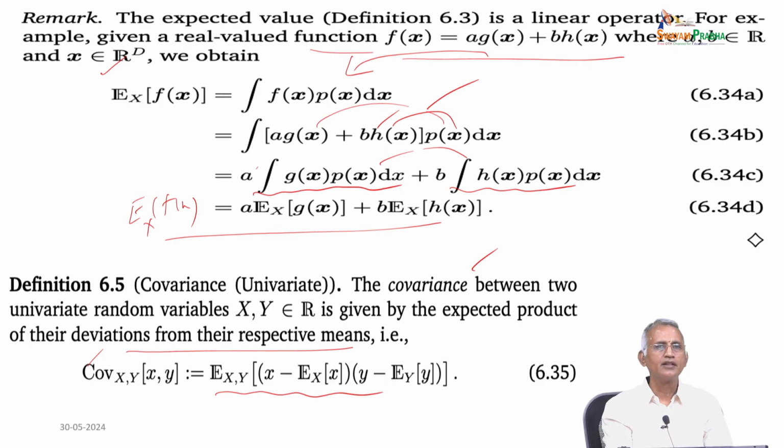So, that is the meaning of covariance of both x comma y, in terms of the product of two random variables x and y. So, this is called two univariate random variables.